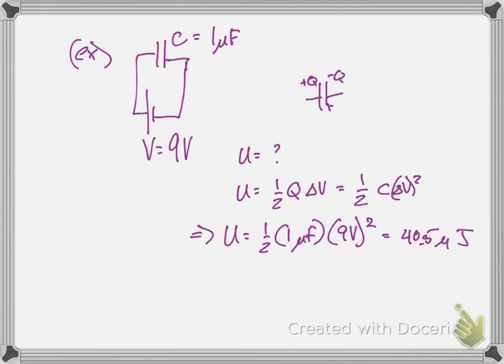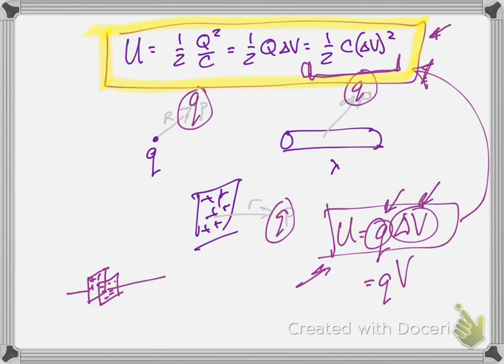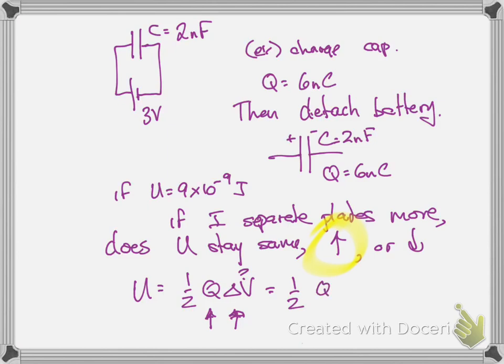I'm going to go back to 1/2 Q squared over C. Here's one. We know that Q must stay the same because it's no longer attached to a battery, the charges can't go anywhere. And what happens to C? As we increase the space between the plates, the capacitance goes down. The capacitance goes as the inverse of the distance.